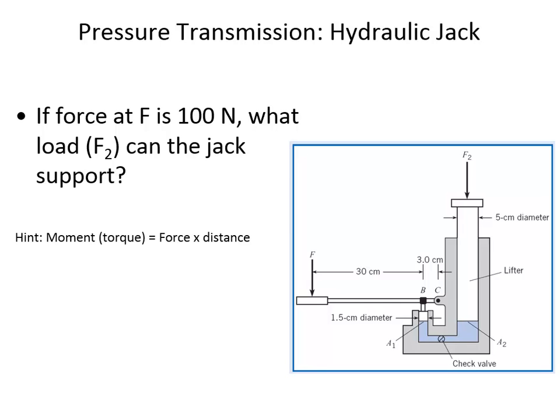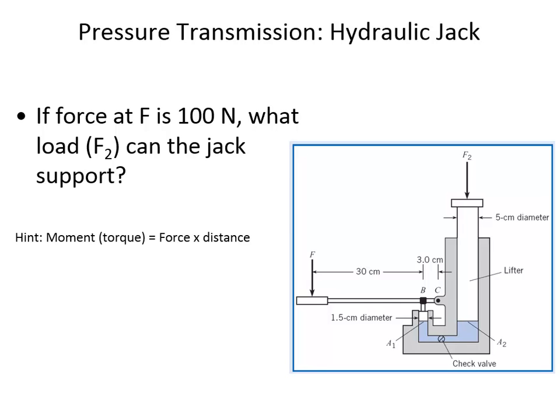So it's 1100 newtons acting downward, and here it's got some cross-sectional area, and what's pressurizing the fluid is the force that's being applied and the area over which it is being applied. So the pressure of the fluid will be the force that's applied and the area that it's being applied over, which is here area 1.